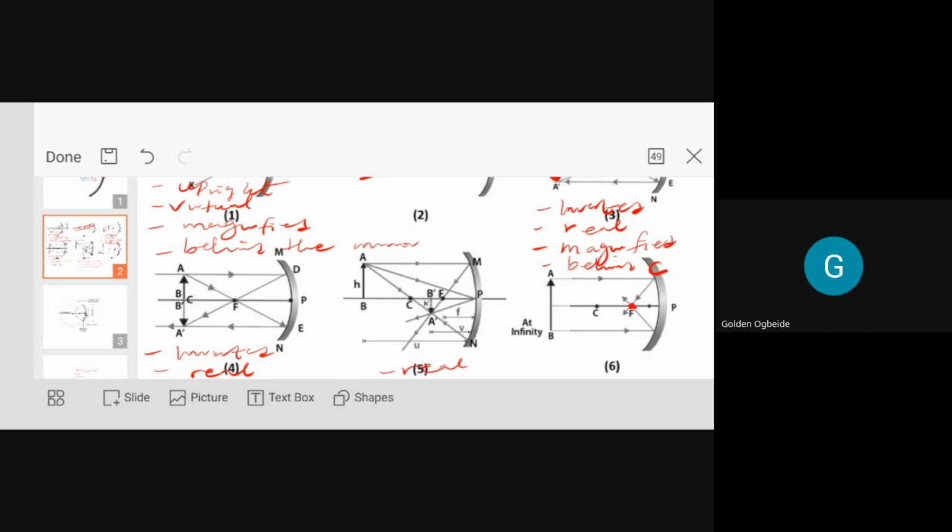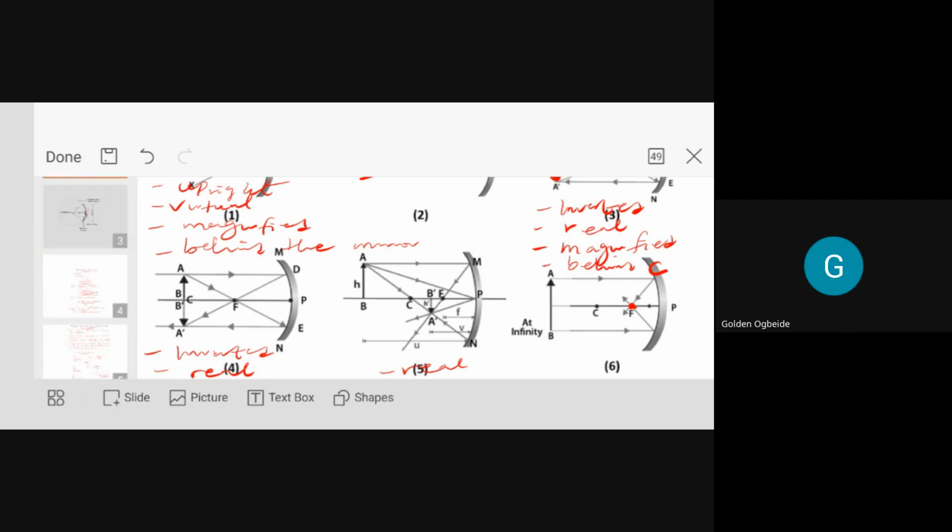Provided it is a convex mirror, it will always give us a virtual image. Don't forget that. And the virtual image will be looking magnified, which is to say it will be looking bigger than the object. All right. And then it will be formed behind the mirror.